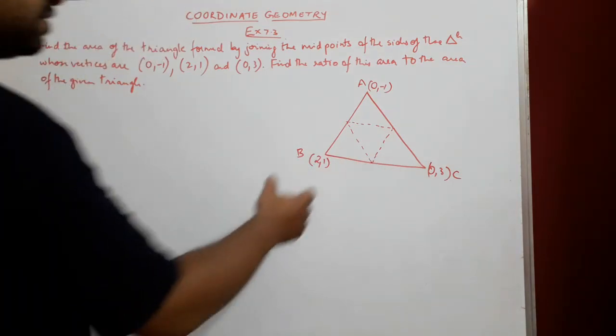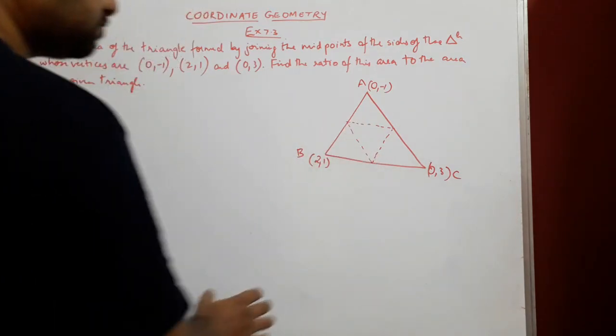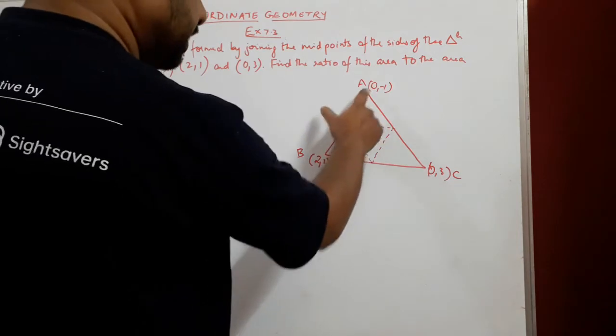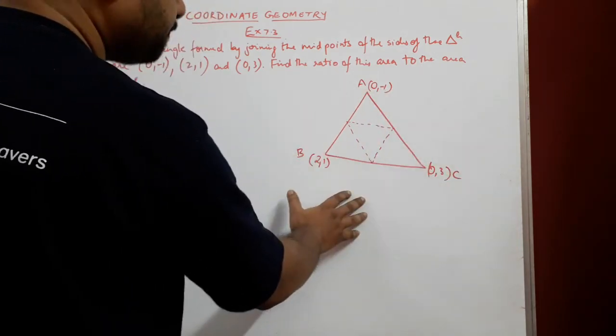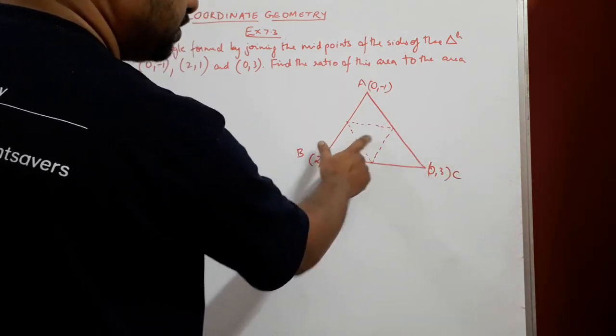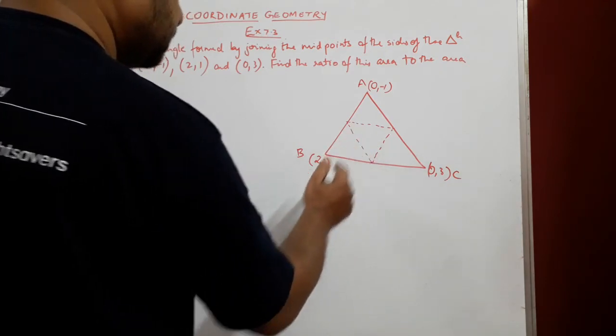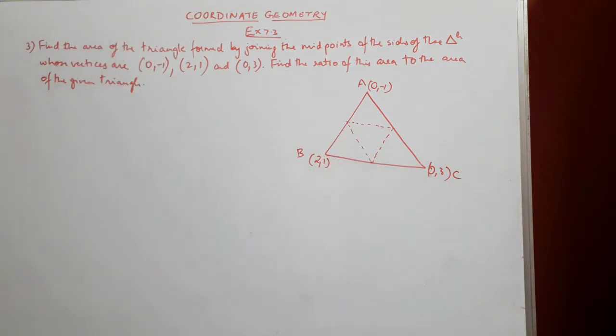For that we'll have to find the area of this big triangle and the area of this small triangle. We'll give this triangle some name, like PQR.